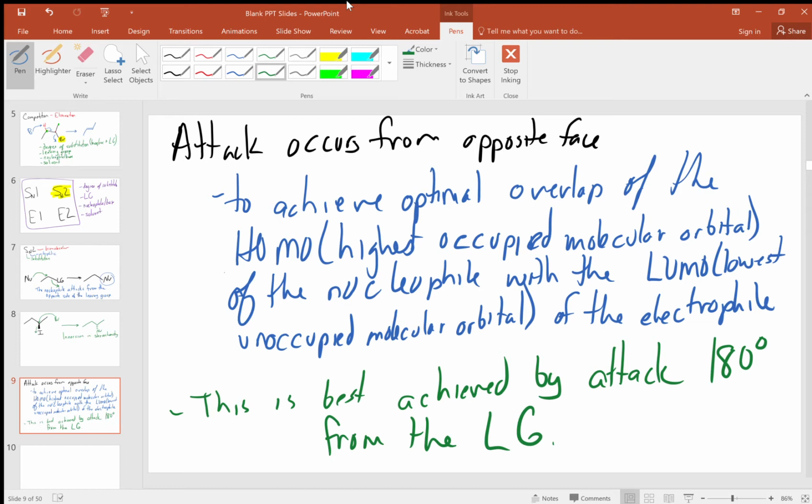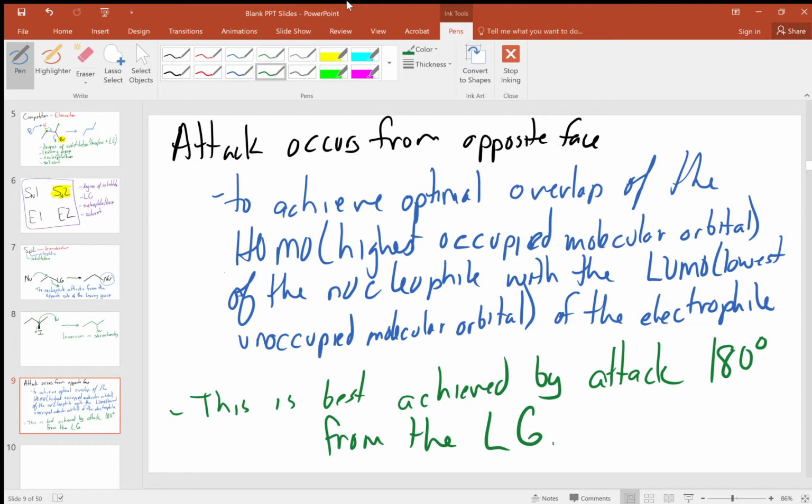And so the HOMO, or the highest occupied molecular orbital, would be the molecular orbital that is highest in energy that has electrons in it. Whereas the LUMO is the molecular orbital that has nothing in it but is lowest in energy.